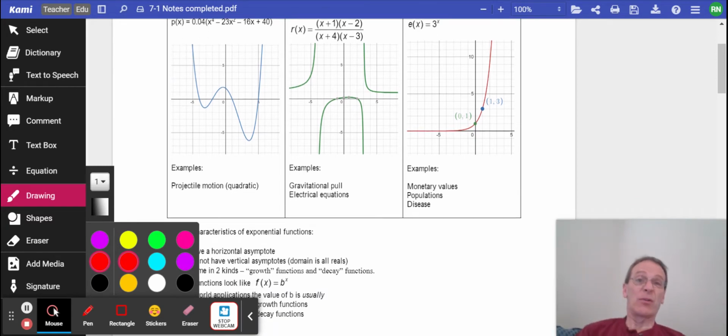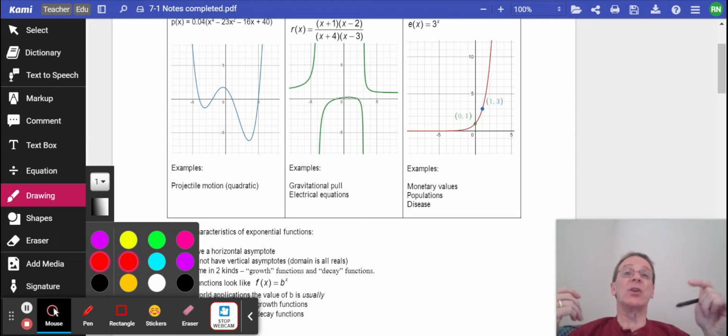Before we talk about the details of the algebra and the graphs, I just want to mention some examples in real life where these types of mathematical equations are necessary to know and understand in order to do work in certain areas. For polynomial functions, far and away the most common example is for what we call projectile motion, that is, objects that are flying through the air.